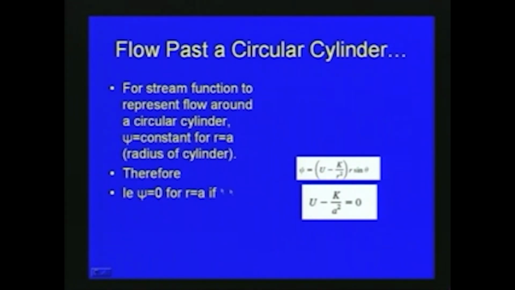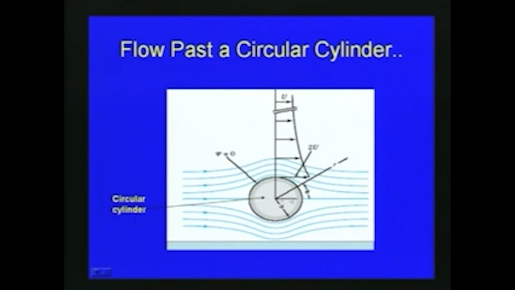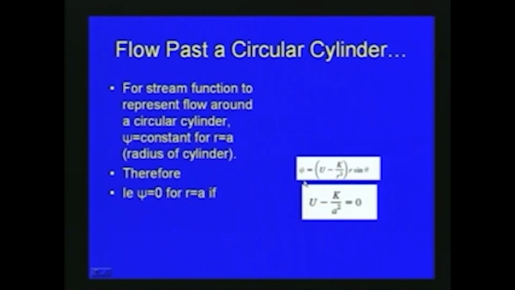Now we can obtain, for psi is equal to 0, that means with respect to this figure, on the surface of the circular cylinder, the stream function can be defined as 0. So, psi is equal to 0 for r is equal to a, we can define u minus k by a square is equal to 0 for r is equal to a.